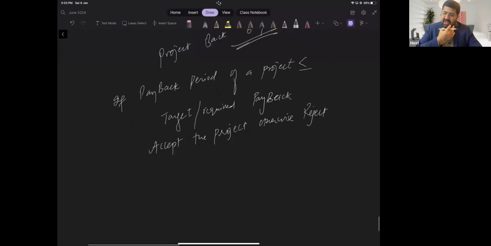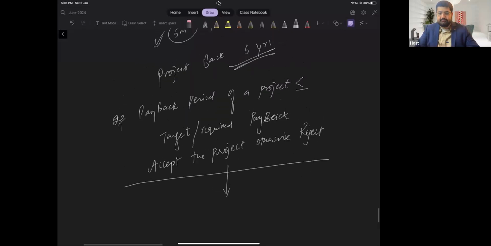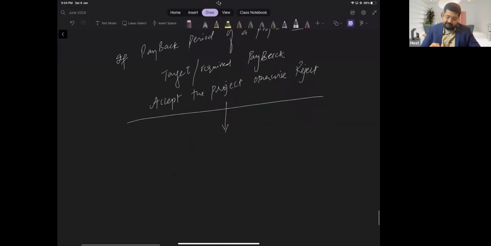Now, next point. Students, the next point is an example.